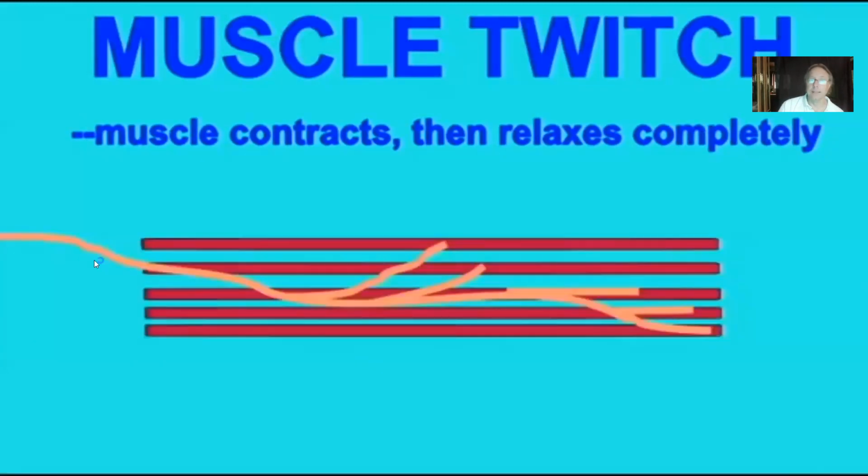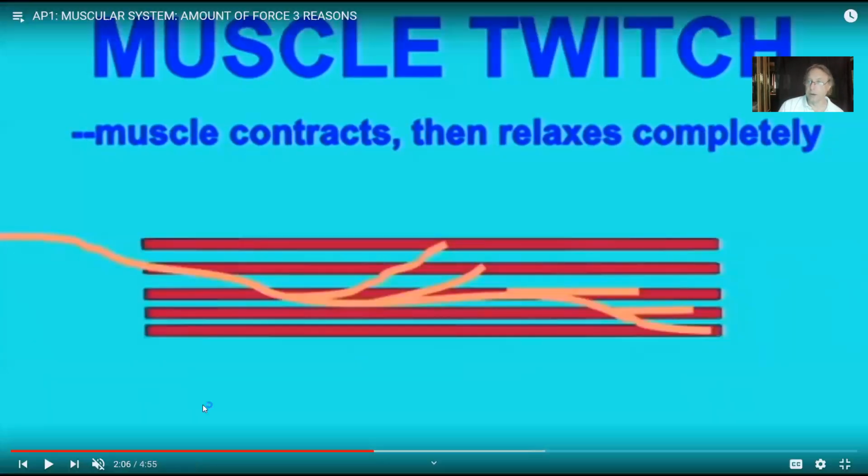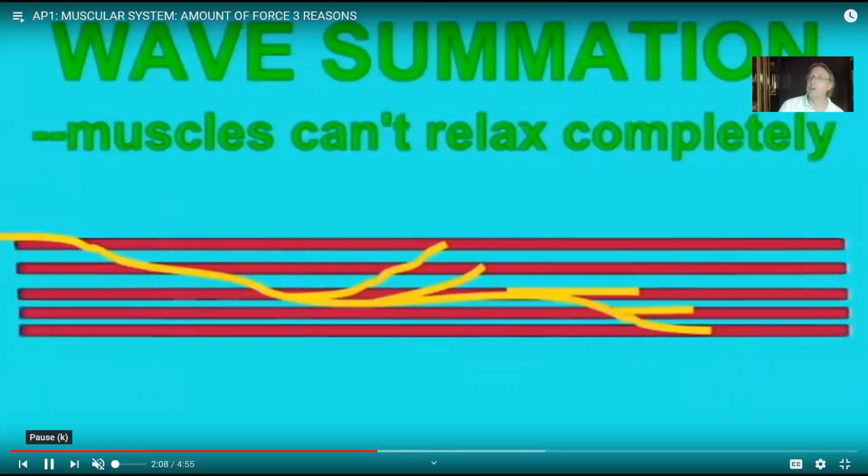But I have another option. I told it to contract. Instead of letting it relax completely, I could now send a second message before it has completely relaxed. So it could start to relax when I hit it with another message, contract again. And so it contracts before it gets to fully relax. So this is what's called wave summation.